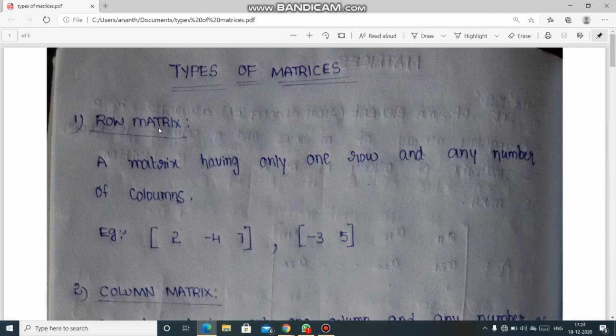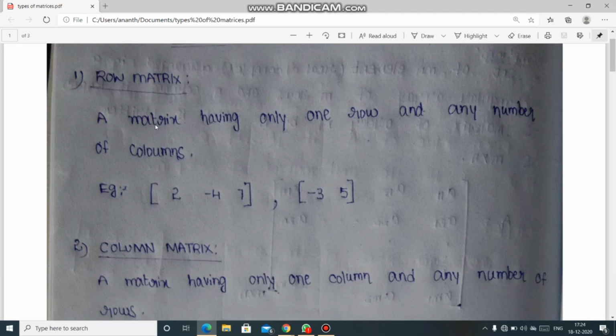First one, row matrix. A matrix having only one row and any number of columns is called a row matrix. Example: 2, minus 4, 7. Here, this matrix contains only one row and three columns, and minus 3, 5.